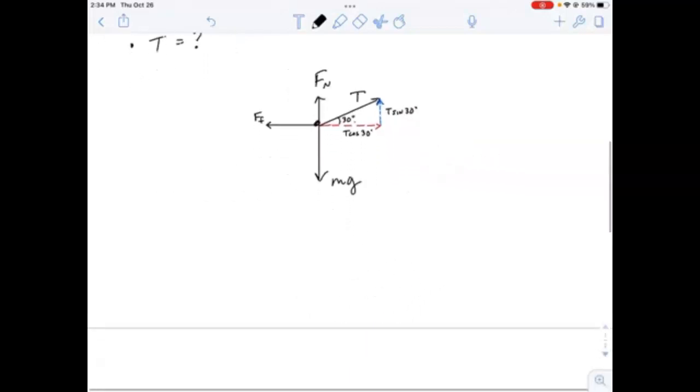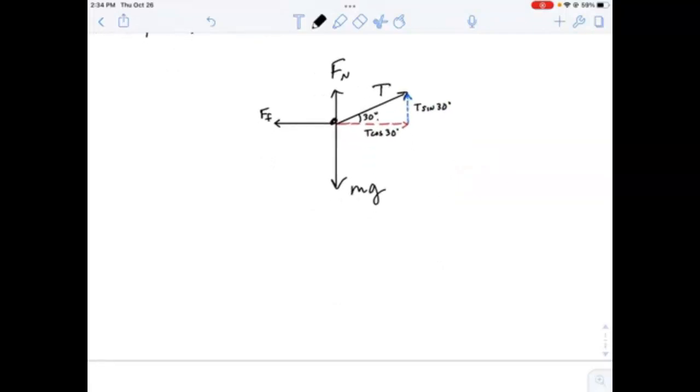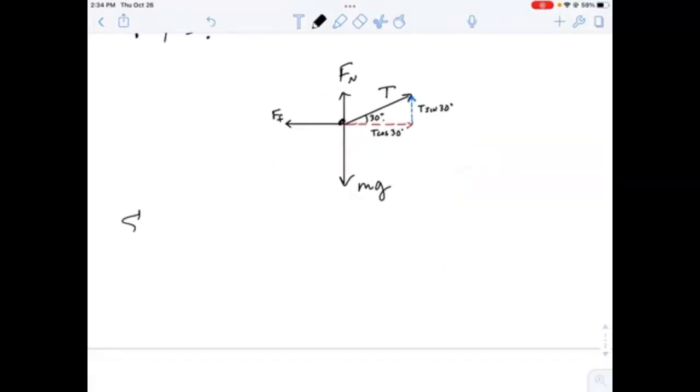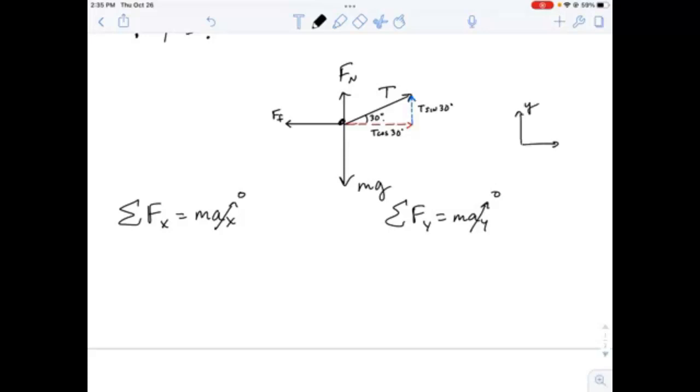Okay, and now let's go ahead and write two equations. We'll write sum of the forces in the x direction equals max, and then sum of the forces in the y direction equals may. Now this object is not accelerating horizontally and it's not accelerating vertically, so really the sum of the forces in each direction is 0. Don't forget this is y and this is x for the sake of this problem.